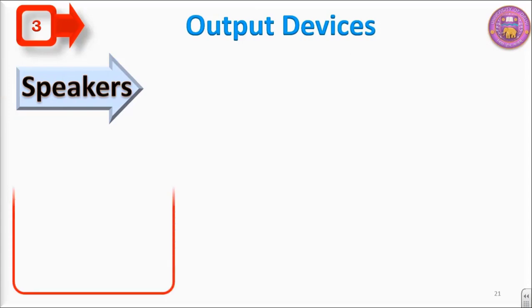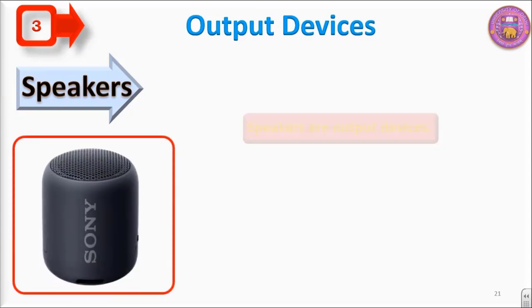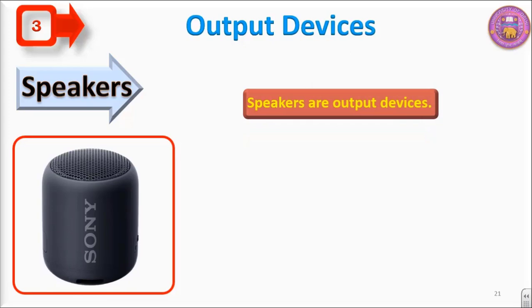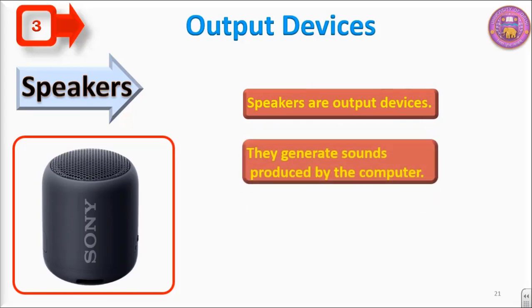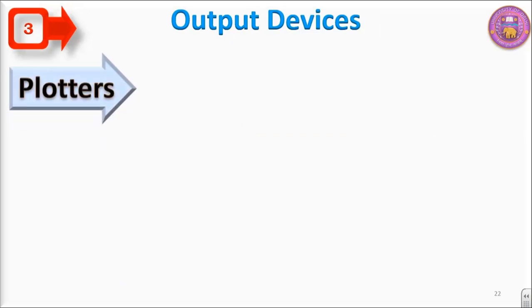Speaker. Speakers are output devices. They generate sound produced by the computer. The next one is plotters.